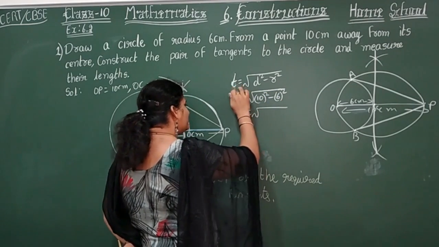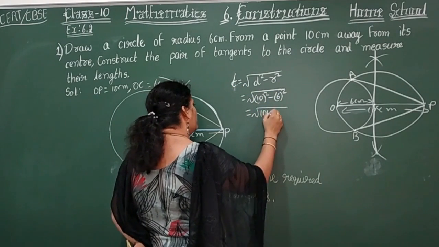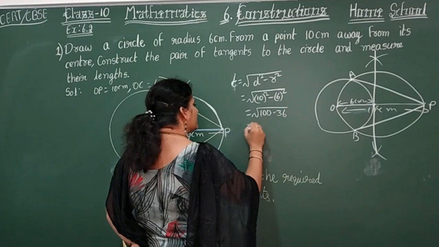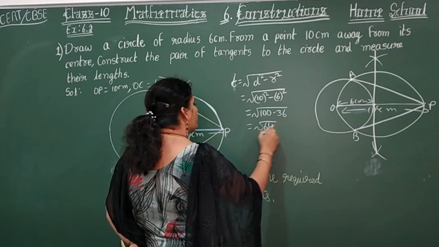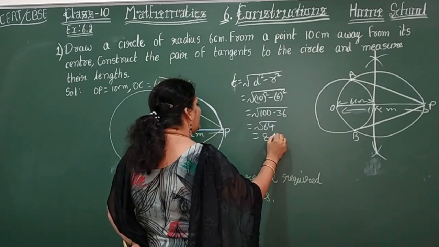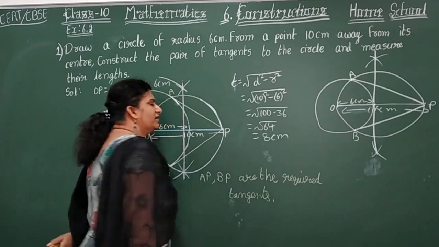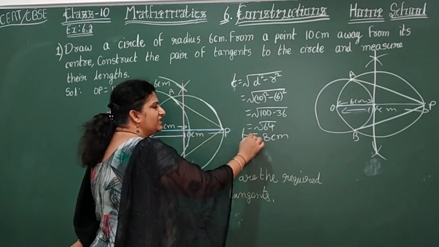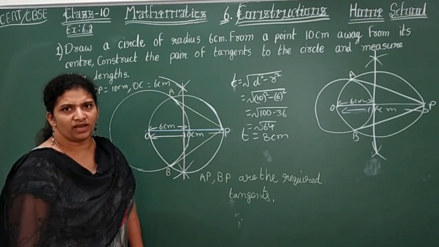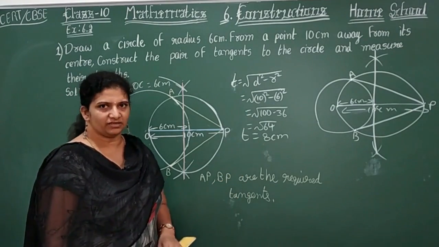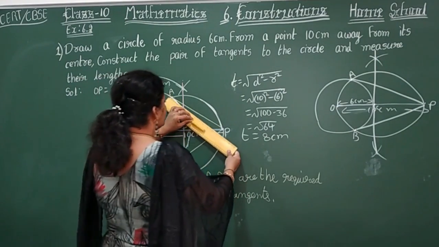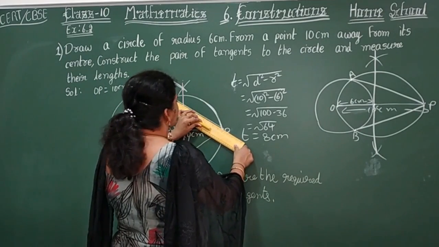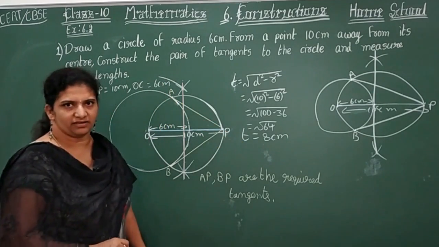That is tangent length is equal to 100 minus 36. That will be 64. That will be 8 centimeters. What is the tangent length by using formula, children? 8 centimeters. Now let us check with the scale. Again, this will be 8 centimeters.